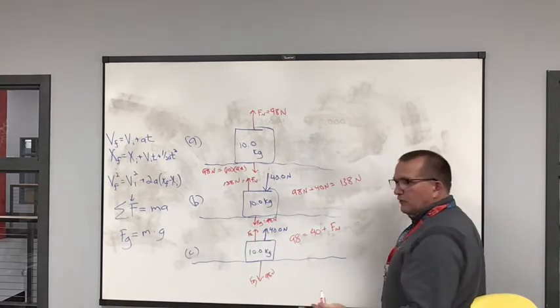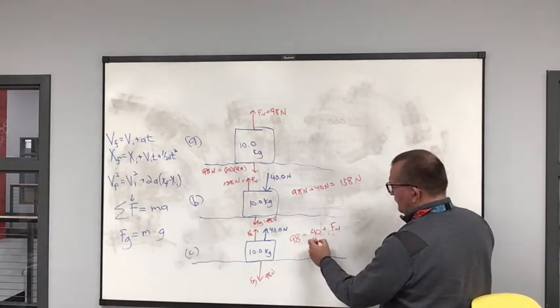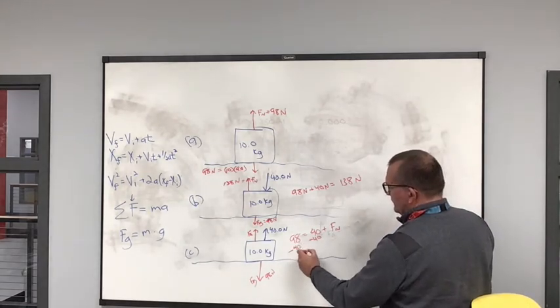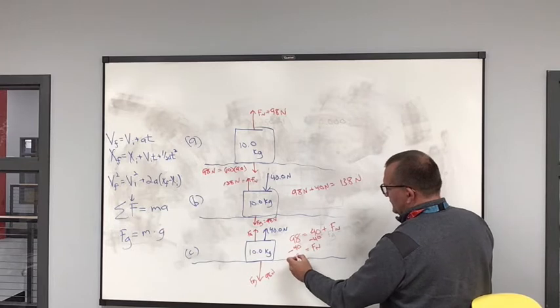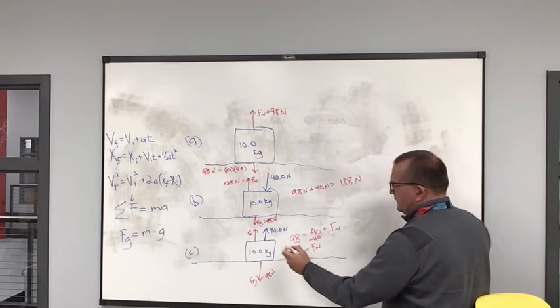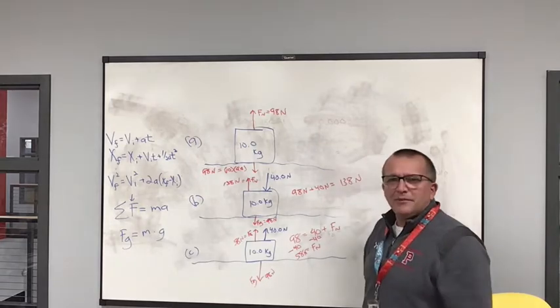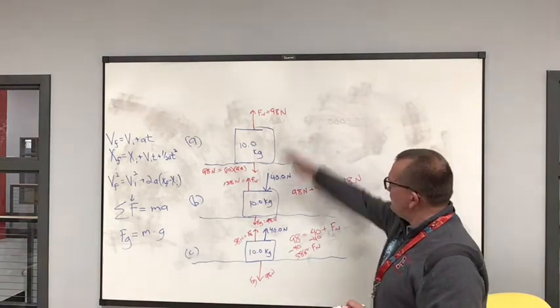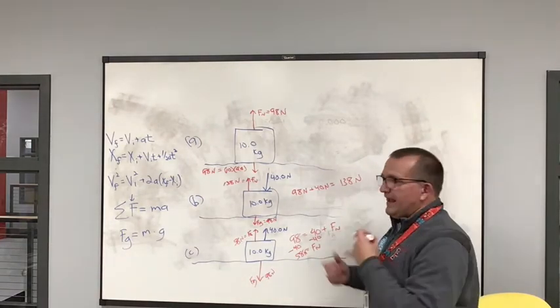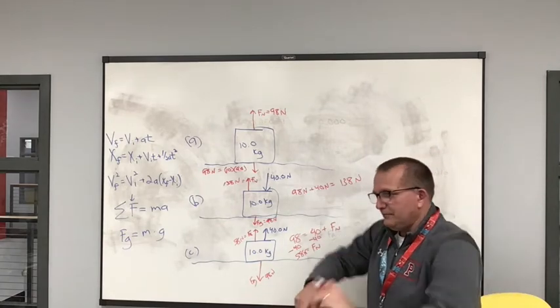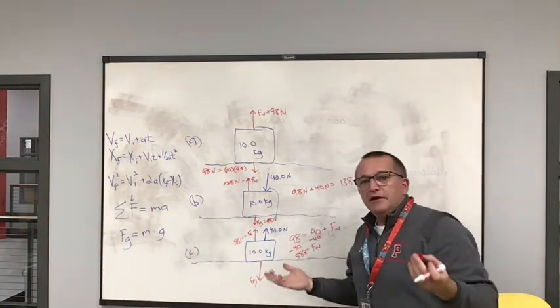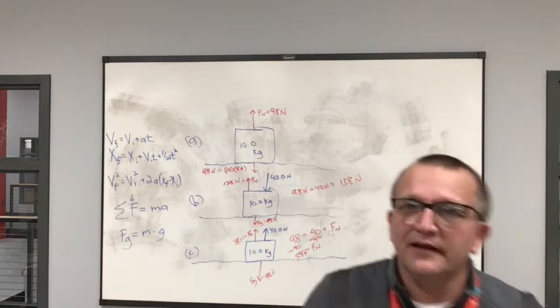So I'm going to solve for my normal force, and my normal force is going to be 58 newtons. Because the box isn't accelerating, my forces are balanced, and I just have to add my forces going down and make them equal my forces going up, and then I can solve for any unknowns that I have.